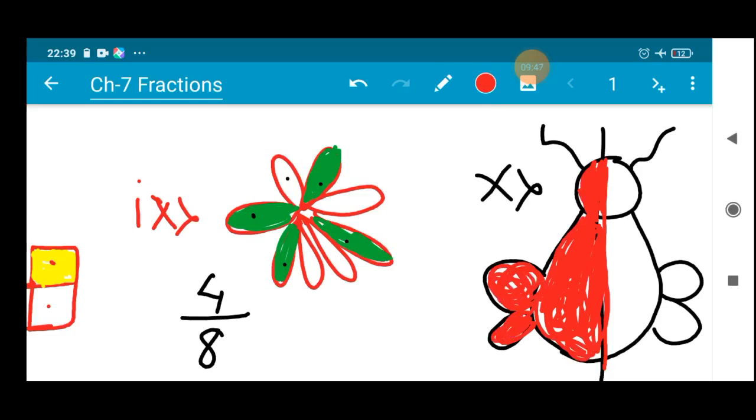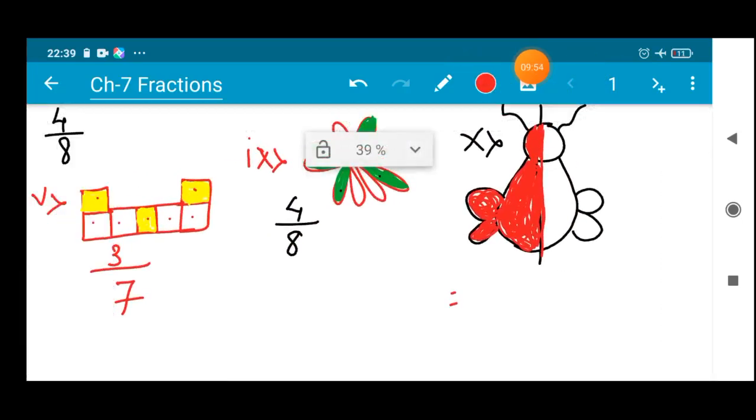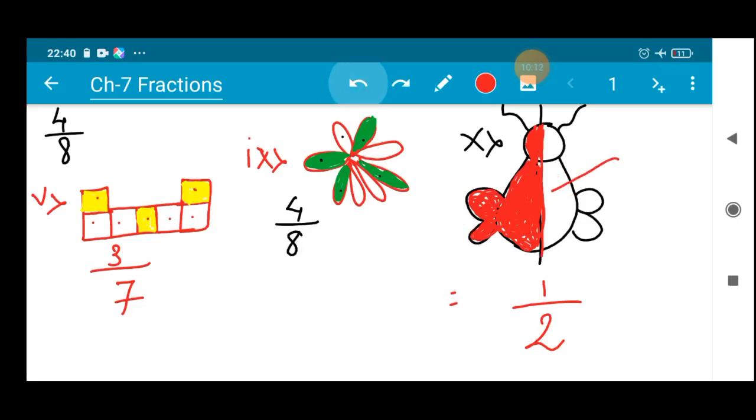Now you have to tell me what fraction is covered with this. You can easily see here that it is 2 parts. This is one part and this is another part. So there are a total of 2 parts, and out of these 2 parts, 1 part is covered with the red portion, right? And 1 part is not covered with the red one, that is, it is white. So of course the fraction here will be 1 divided by 2.